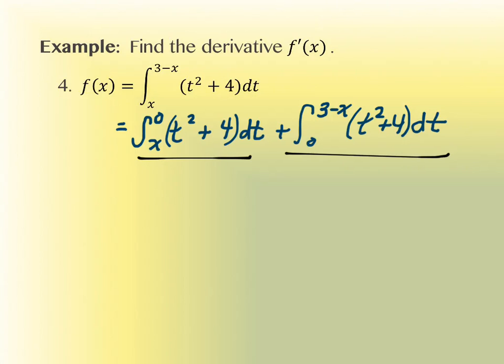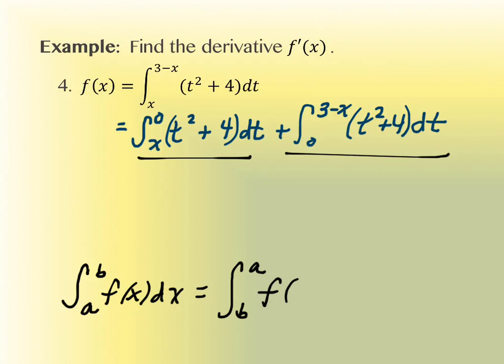But the first piece has a problem. What's the problem? The x is on bottom. I can't remember when we wrote it, but there is a property that says that if our values are a and b, then I can switch the upper and the lower limits of integration.